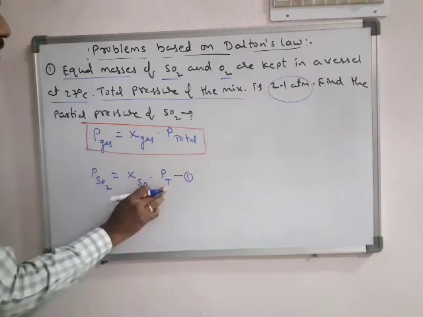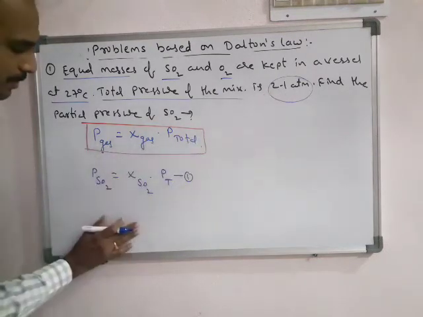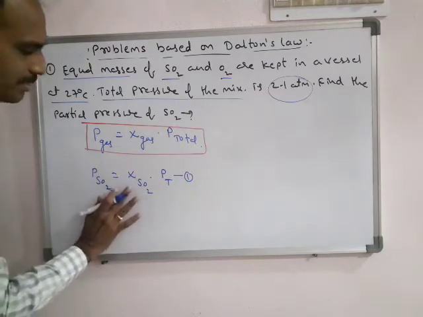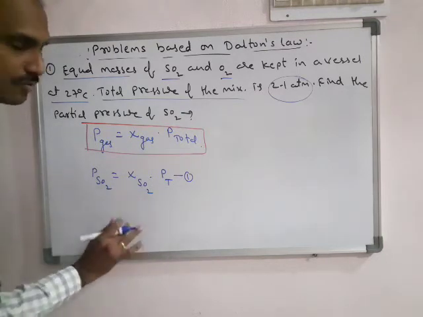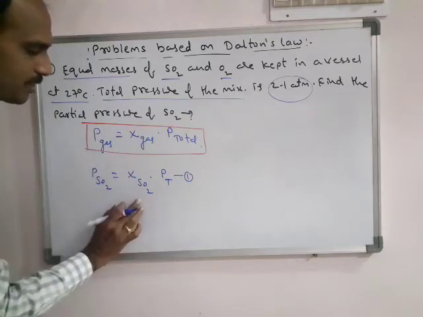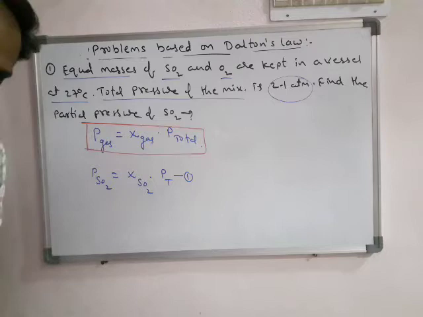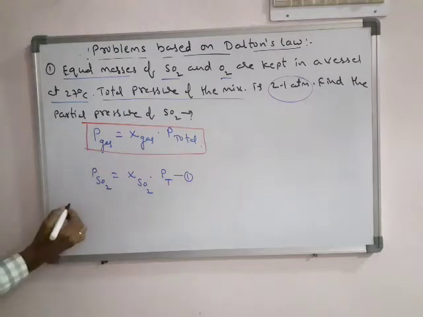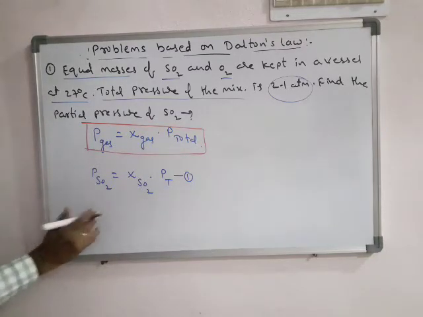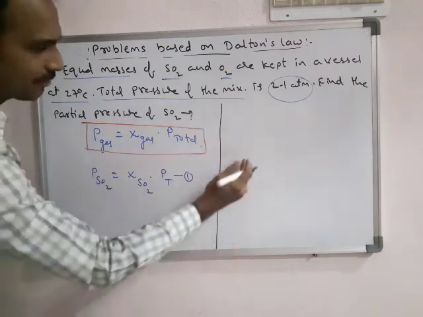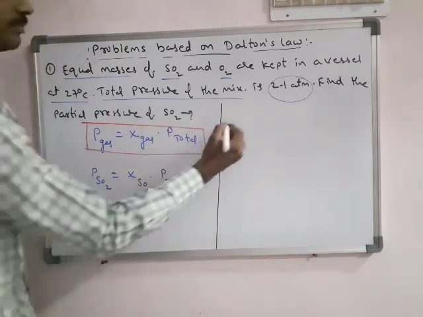Because we know P total is 2.1 atmosphere. But what is X SO2? We don't know. First we calculate X SO2, then we substitute in equation 1. So what is mole fraction? We do it separately here, then we substitute the value here.